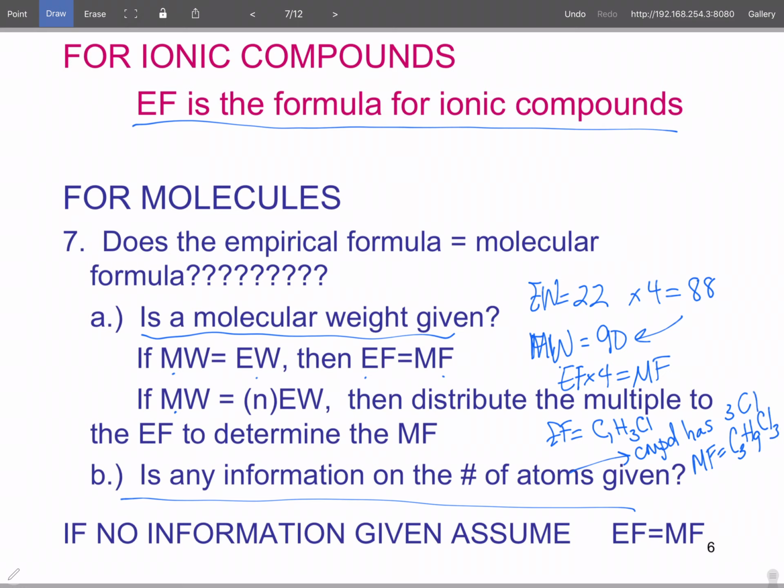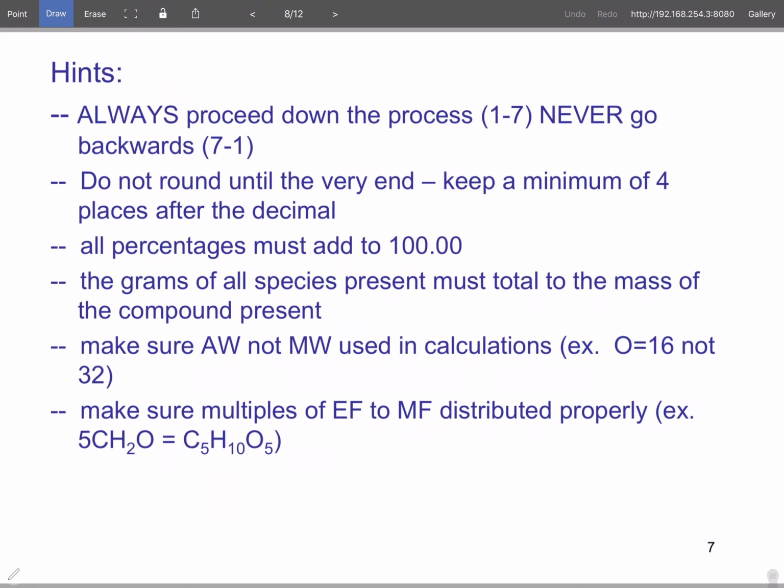Whoops, 3 chlorines. If I do 3 chlorines, you get that. If you did 3 carbons, actually we get the same thing. So, if there is no information given, assume that they are the same. And I know, and you know what happens when you assume things, and that's okay. Because we're going to work some problems and I'm going to show you how it works. Okay?